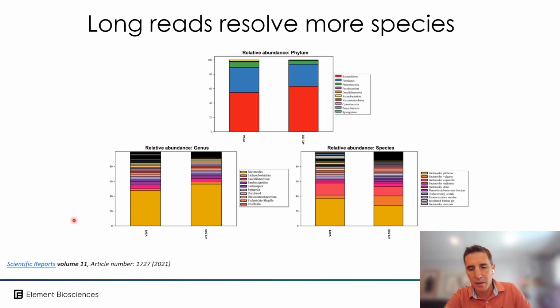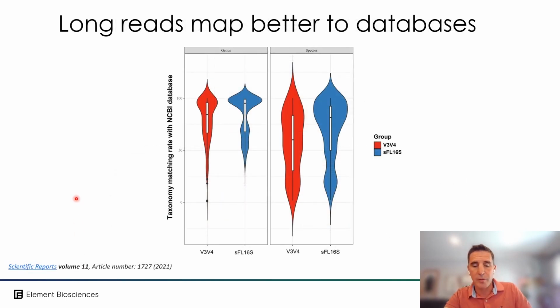And the reason being that V3, V4 alone does not always contain enough taxonomy information to resolve down to the species level. The last figure from this paper shows this violin plot, where what we're doing is showing the percent mapping with a database. I think they use an NCBI database here.